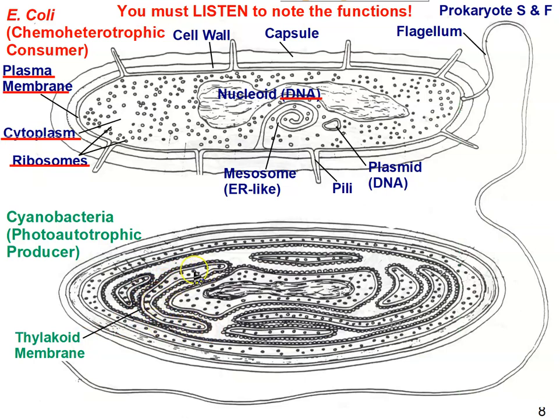Chlorophyll being the pigment that absorbs the light energy that allows these organisms to carry out photosynthesis. And so that's basically where photosynthesis begins, in the thylakoid membrane. And so we can consider this cyanobacteria to be very chloroplast-like. It's similar to a chloroplast, and chloroplasts are similar to cyanobacteria.